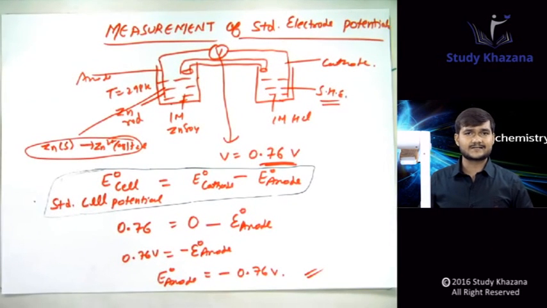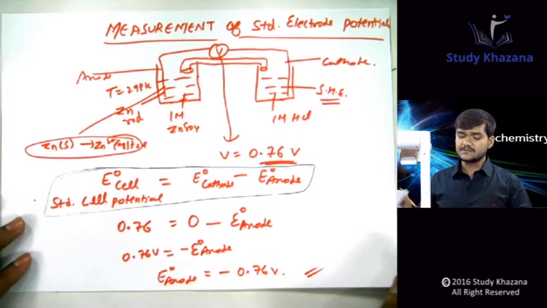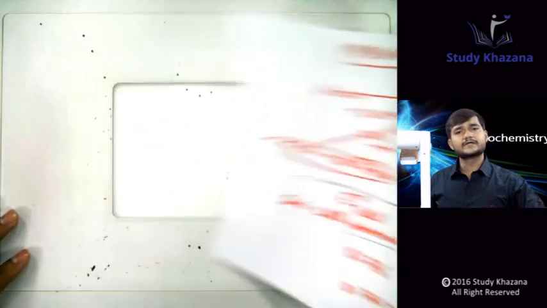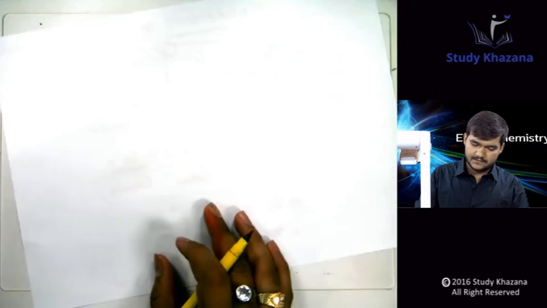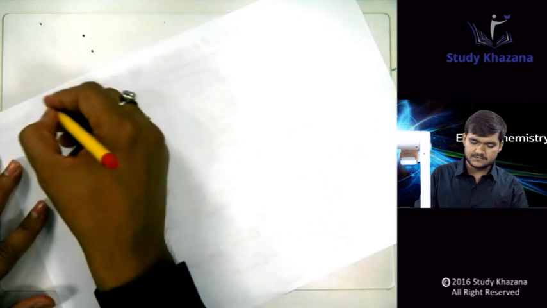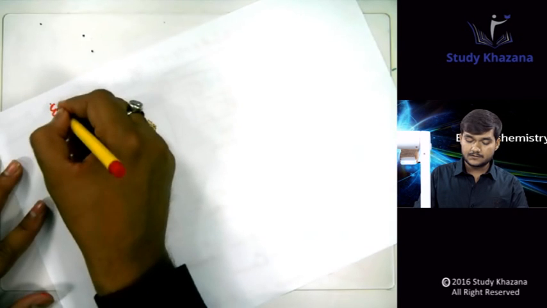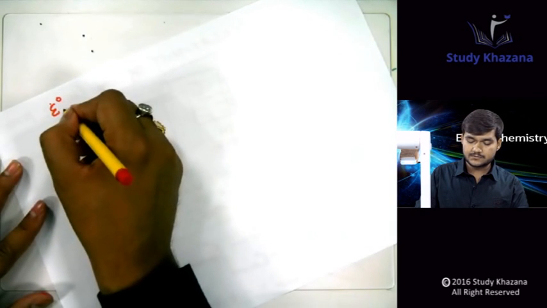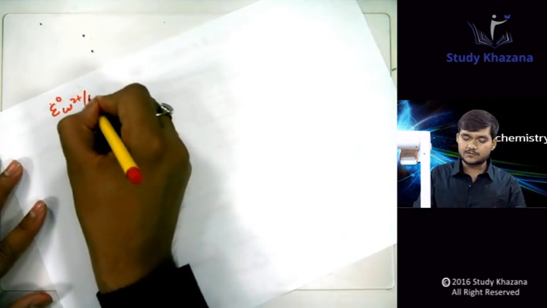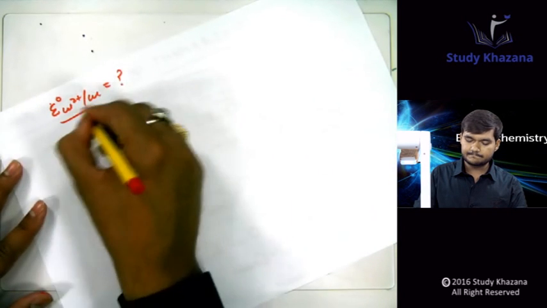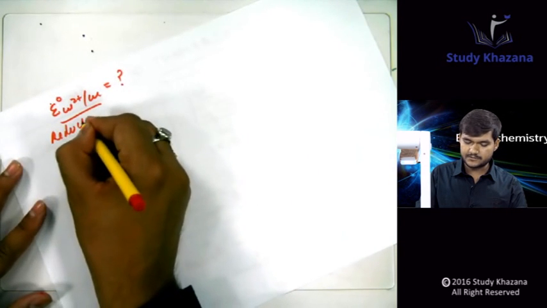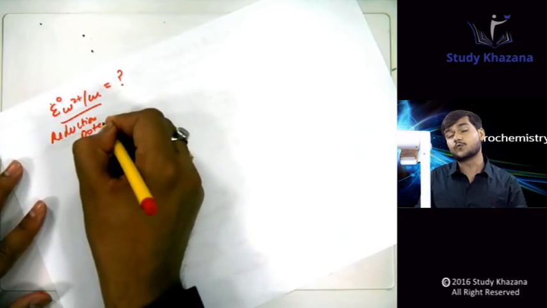Now I will give you another example to make it clear. Similarly, we can calculate the standard electrode potential for copper. Here E naught of Cu2 plus to Cu we have to calculate. This is the reduction potential. Now why are we calculating only reduction potentials?